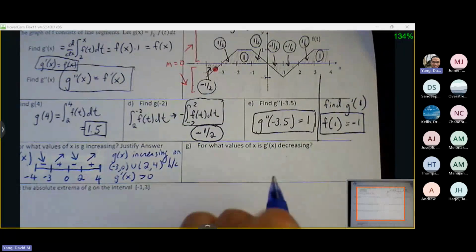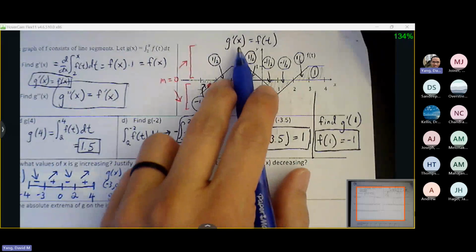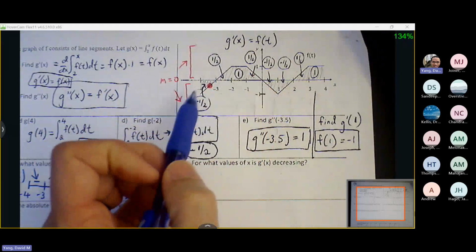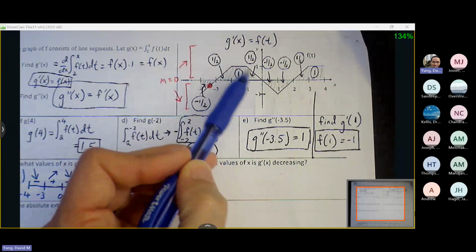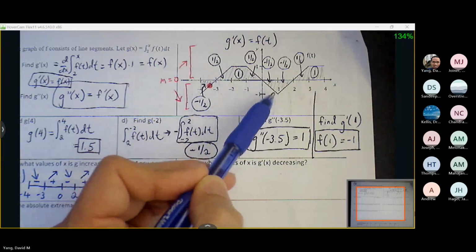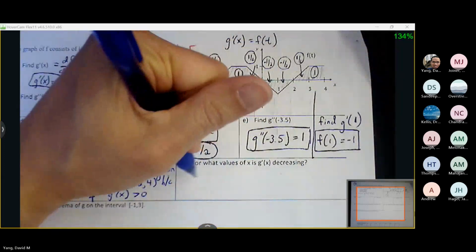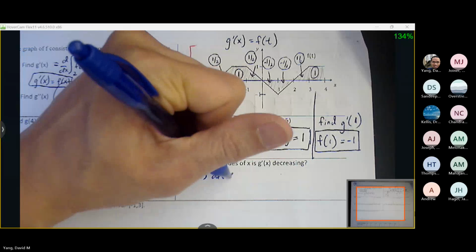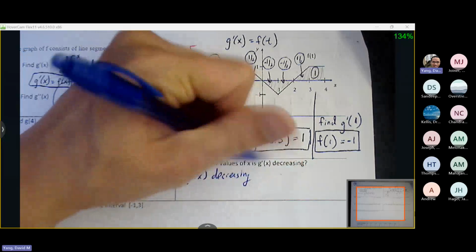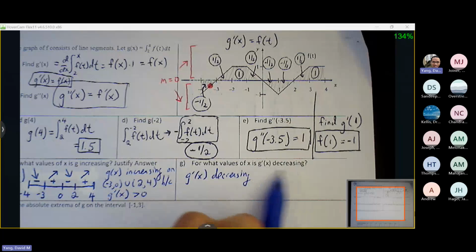Okay, for what value is G prime decreasing? So this is my G prime graph, right? So G prime decreasing. Now we can look at the slope, right? So G prime is decreasing in this interval. So this is basically asking about when is the graph going to be concave down?